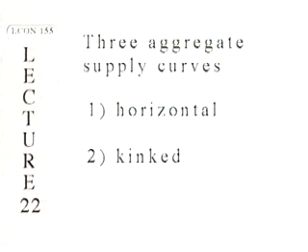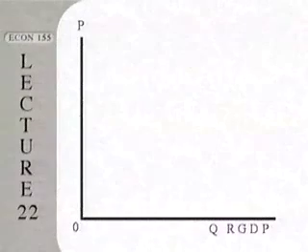There's a kinked aggregate supply curve, and it has nothing to do with this horizontal one anymore, so I'll erase that. The kinked aggregate supply curve has a right angle to it.